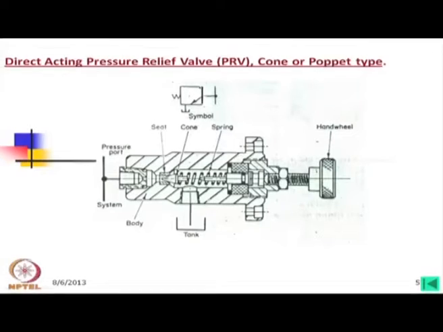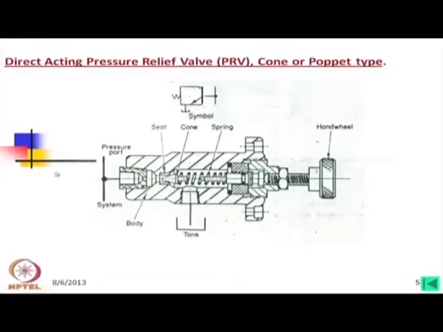This means that the pressure acting on that area is balanced by whatever force the spring gives, which is set by tightening this hand wheel. Now, when the pressure slightly exceeds that, this will open and flow will begin.